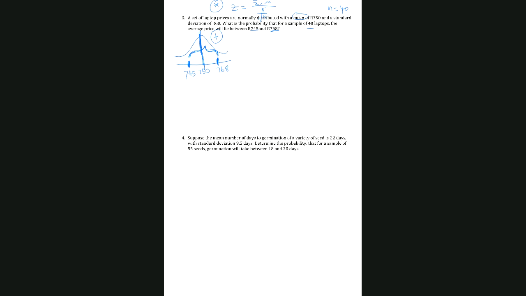So let's go ahead to step 2, where we now are calculating two separate Z values. The first time around, when we calculate the Z value using this formula, we use 745 as our X bar. So it will say 745 minus the population mean, which is 750, over the standard deviation, which they said to you was 60, over the root of n, and n is 40.